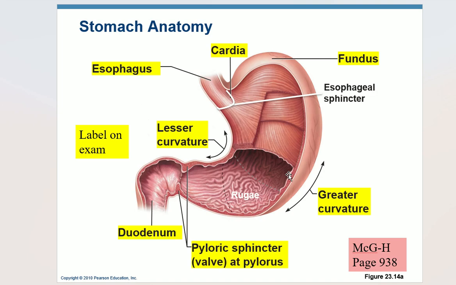And the rugae help move all of that from the body of the stomach down to the pyloric region. So remember that. Towards the pyloric region, pyloric sphincter, pylorus, any of those, you will see that come up on the test. It helps it move from the body down to the pyloric region. And that's the last part of the stomach.